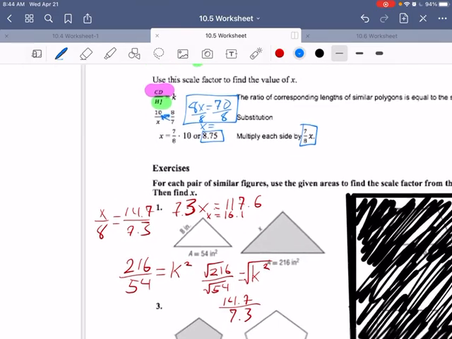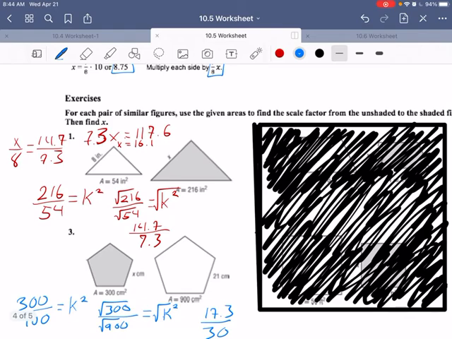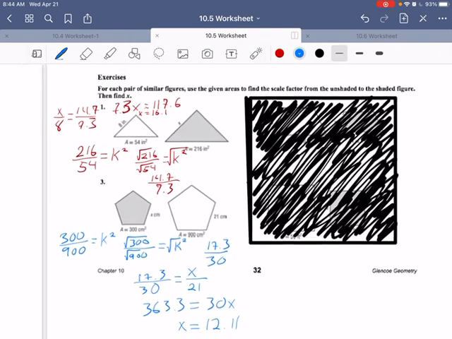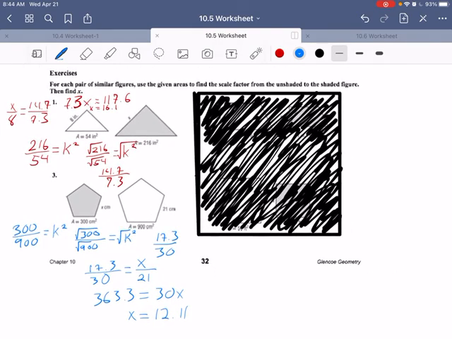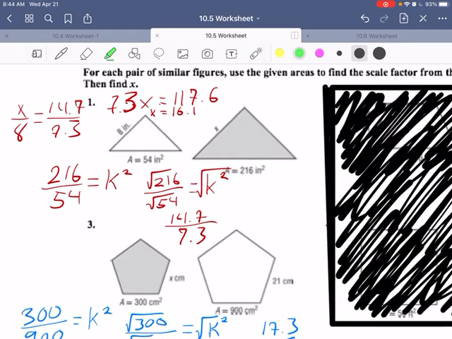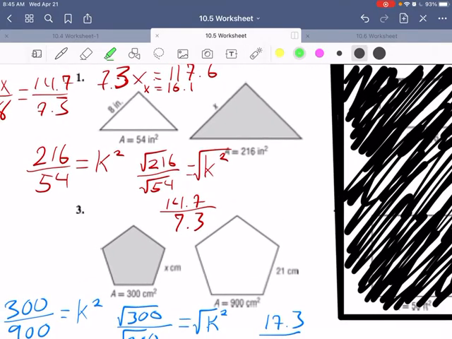So, running a little bit short on time here, but we're going to just have you look at these. You can kind of see exactly what we do. We've got 1 and 3 here. We go from our given. We're going from the unshaded to the shaded. So, we're going to 216. We come from 54, so it's 216 over 54 equals k squared.